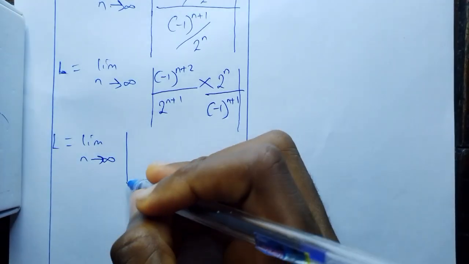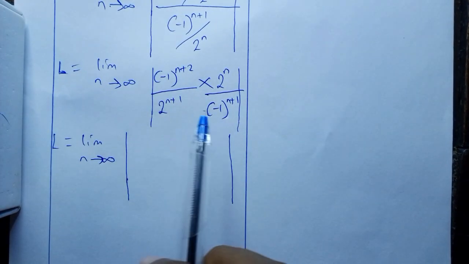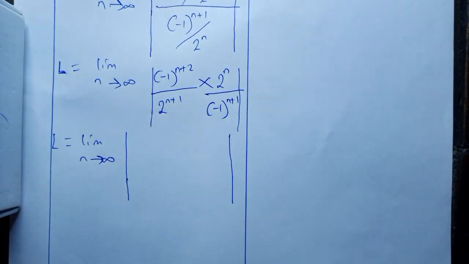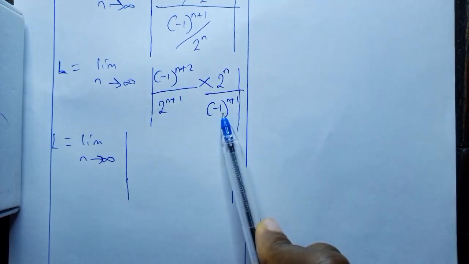Okay, riding on, we have L equals the limit as n tends to infinity of the absolute value of, now this is indices. Let's put our absolute value first. According to indices, if the base is equal and you're multiplying, you add the power, and if the base is equal and you're dividing, you subtract the power. Looking at this minus 1, the base is equal and we're dividing, so we subtract the power.